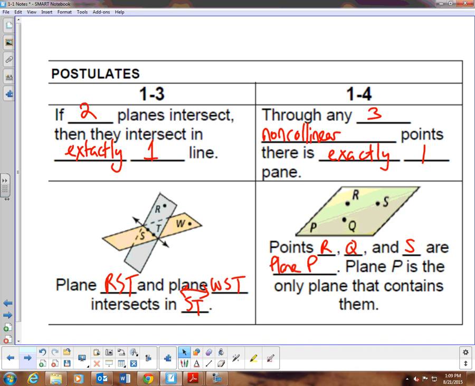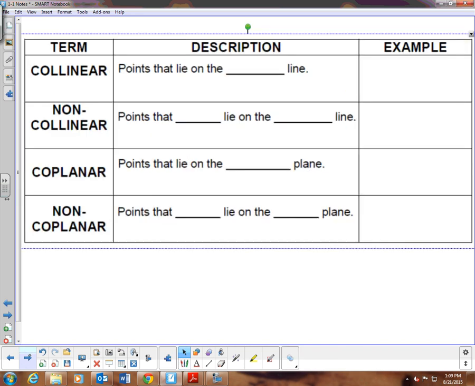So here we have a few more terms. So collinear points are points that lie on the same line. So every time you graphed a line in Algebra 1, you were doing collinear points. Co meaning same, linear meaning line. So if I do an example of this, I just need a line, and I need points on it. And remember, in geometry, we put letters by all our points.